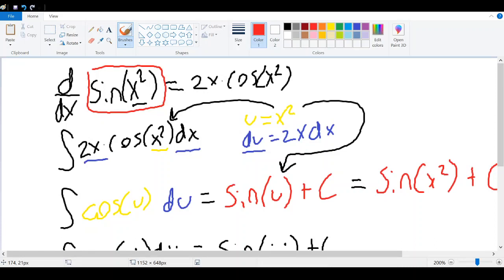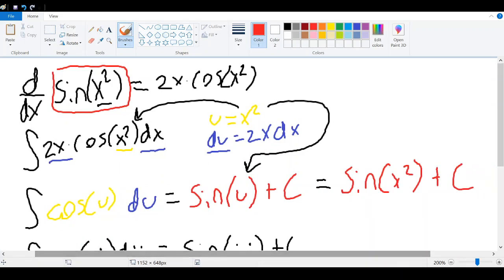And essentially what U-substitution does is it aims to undo the chain rule of the derivative. And so my advice to you would be, if ever you see an integral and inside the integral you have a function of x and its derivative, then go ahead and make a U-substitution, any U-substitution.